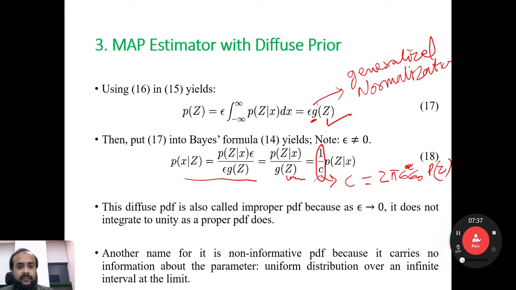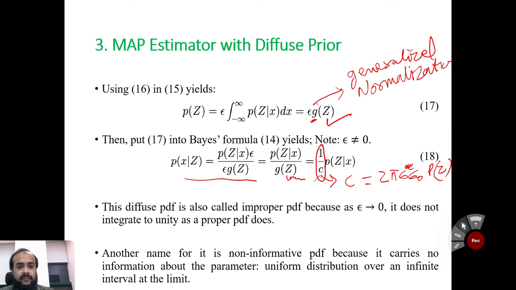Now this diffuse PDF is also called the improper PDF, because as epsilon tends to 0 it does not integrate to unity as a proper PDF does. Another name for it is a non-informative PDF, because it carries no information about the parameter; you can say it is a uniform distribution over an infinite interval in the limit.